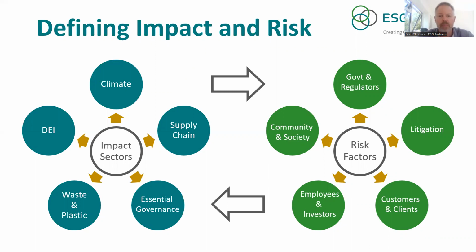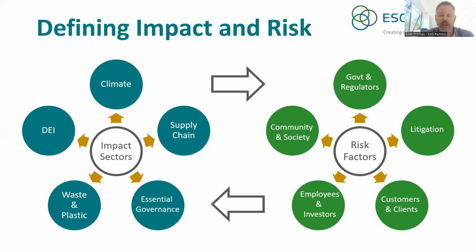Those are on climate, supply chain, essential governance issues, waste and plastic, and diversity, equality, inclusion. Those are the key impact sectors for pretty much any SME in any sector. And I would say that would cover easily 95% of potential ESG impacts. So the materiality assessment for an SME can be boiled down into those 5.